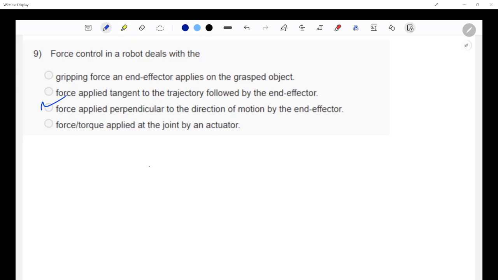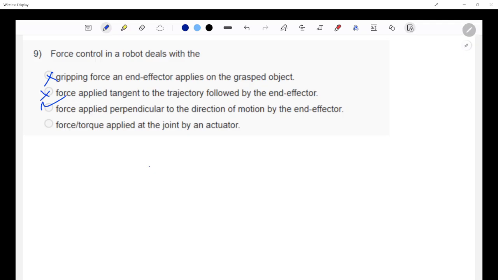Force control acts in the direction when motion is constrained, typically perpendicular to the surface. The first option is gripping force on an object. So that's grasping, not general force control in a manipulation task. Hence, this is incorrect. Force tangent to trajectory: tangential direction means motion control and it is not force control.